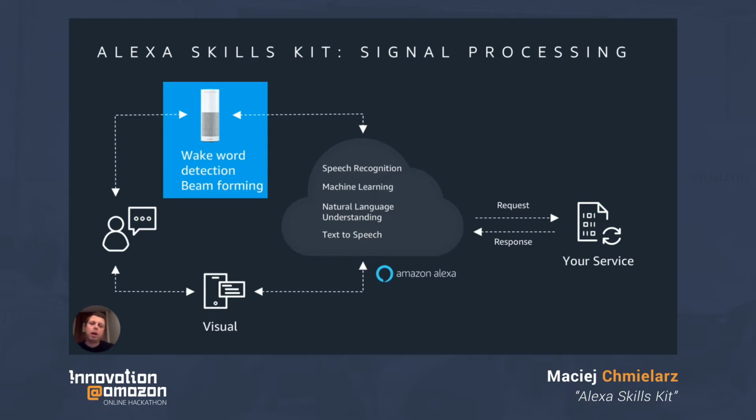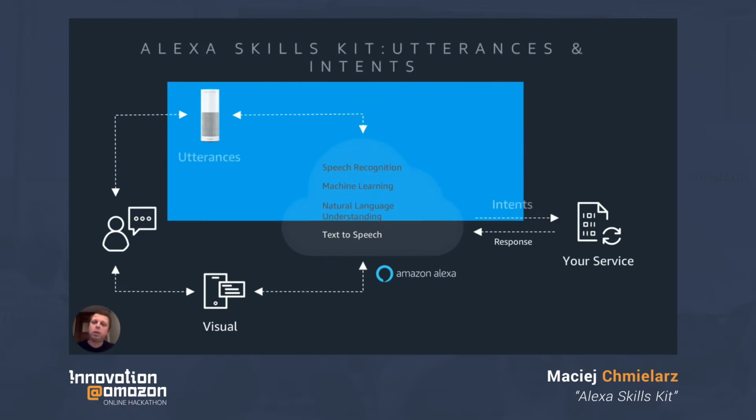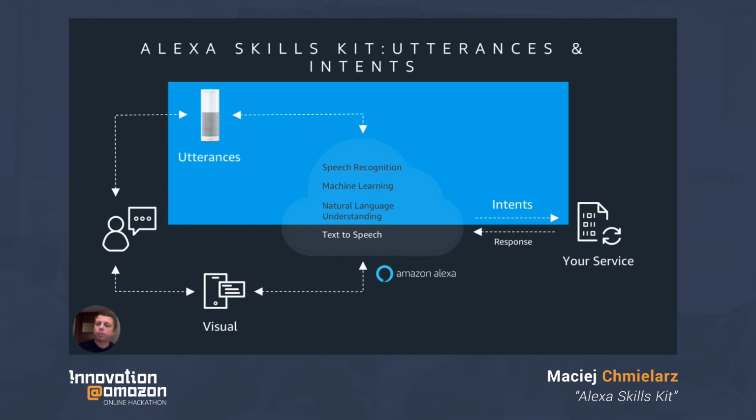When the wake word is detected, the device opens the microphone, records the information from the user, and passes it to the cloud, so this utterance provided by the user can be processed by speech recognition and natural language understanding.